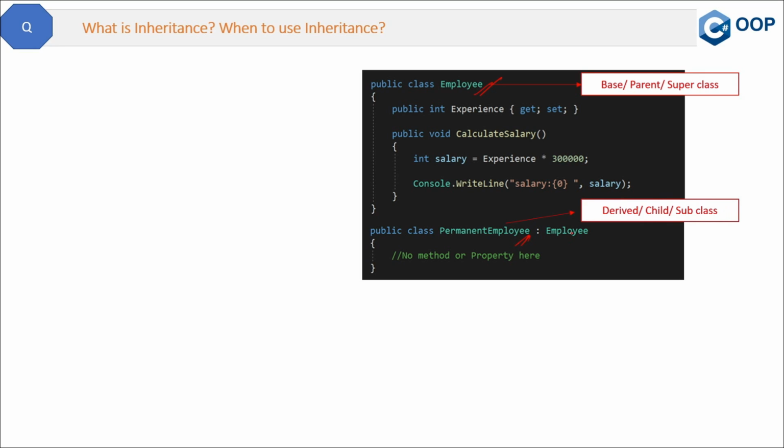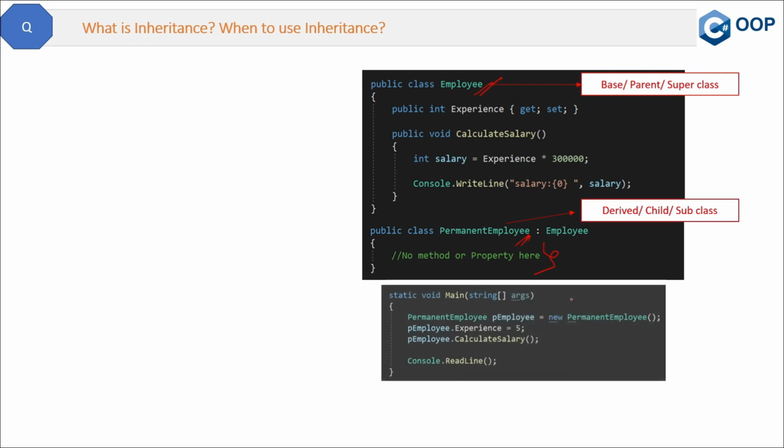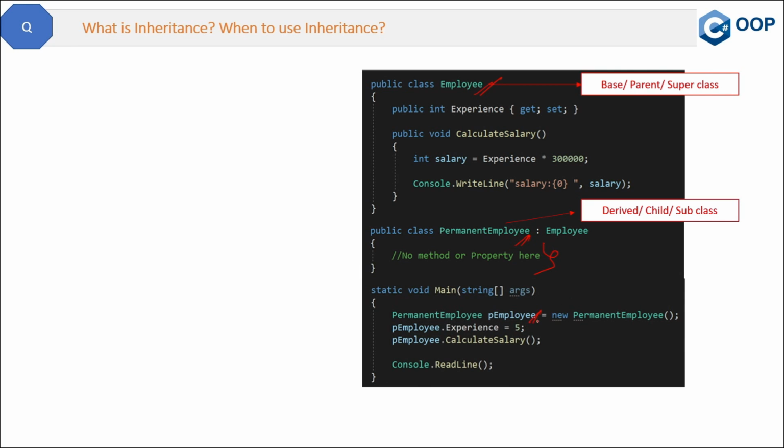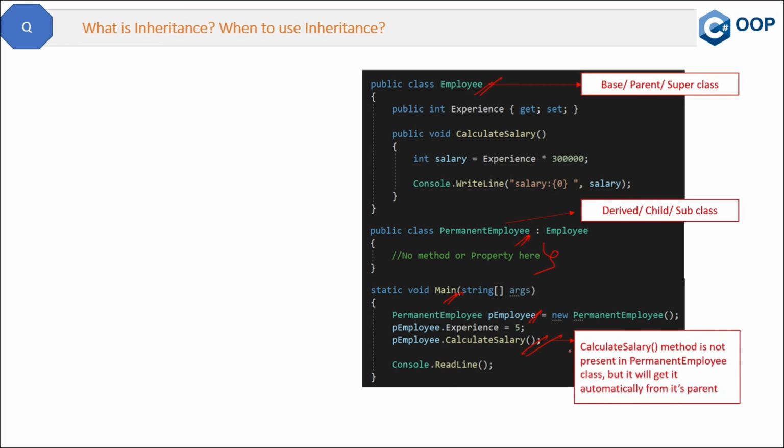Now notice that the PermanentEmployee class does not have any method or property inside it. But still, when we create the object of the PermanentEmployee class inside this main method here, the PermanentEmployee object automatically gets this CalculateSalary method and it is not giving an error. So it is saying that the CalculateSalary method is part of this PermanentEmployee class object.